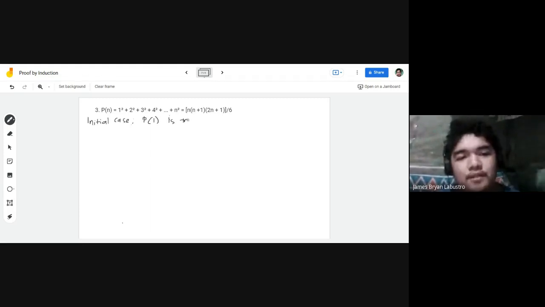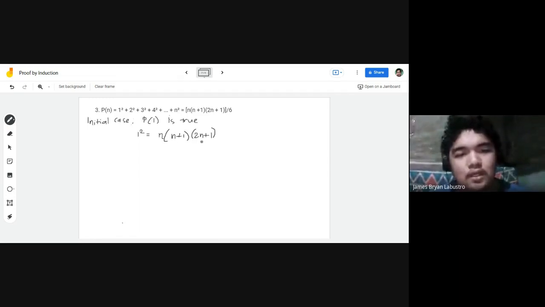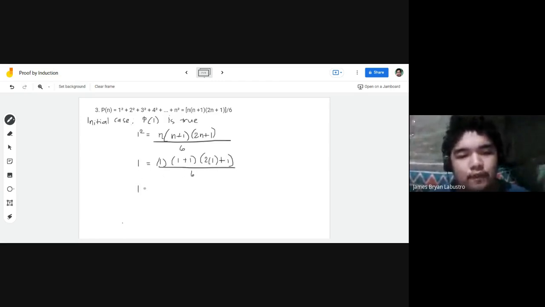For the first statement, we have 1 squared equal to n times n plus 1 times 2n plus 1 all over 6. So 1 squared is 1, equal to 1 times 1 plus 1 times 2 times 1 plus 1, all over 6. So we have 1 equal to 1 times 2 plus 1 all over 6.